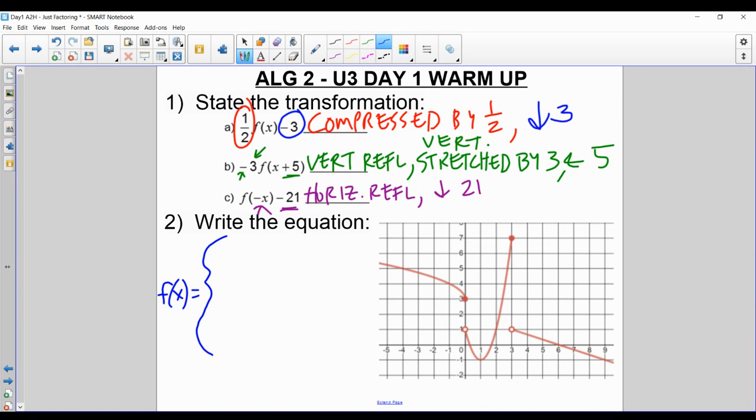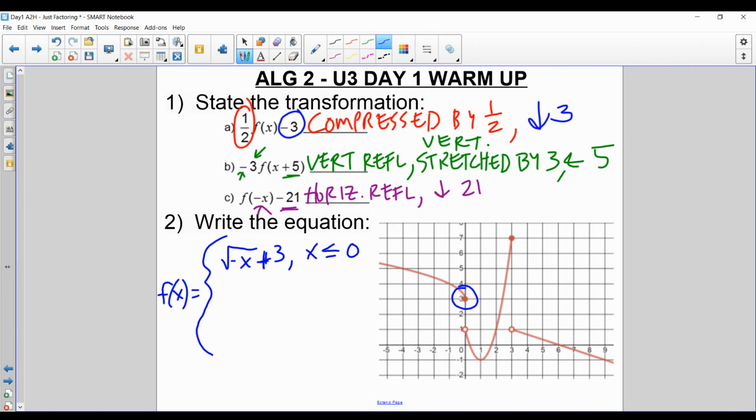So I'm going to have the square root of negative x, and I'm shifted up 3. And that applies when my x value is less than, and because I've got a solid dot, or equal to 0.